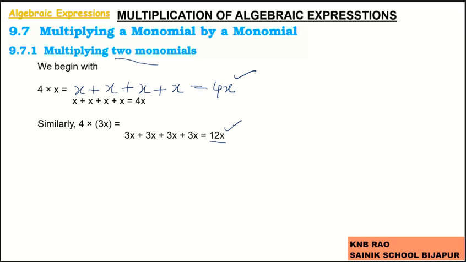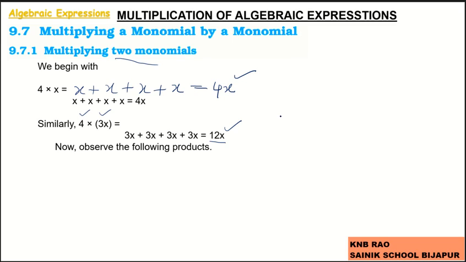Now how do I get this 12x without doing addition? Just if I multiply 4 with the coefficient of this monomial 3x, you will get 4 3s are 12. So 12, and the variable portion multiplication gives you x.